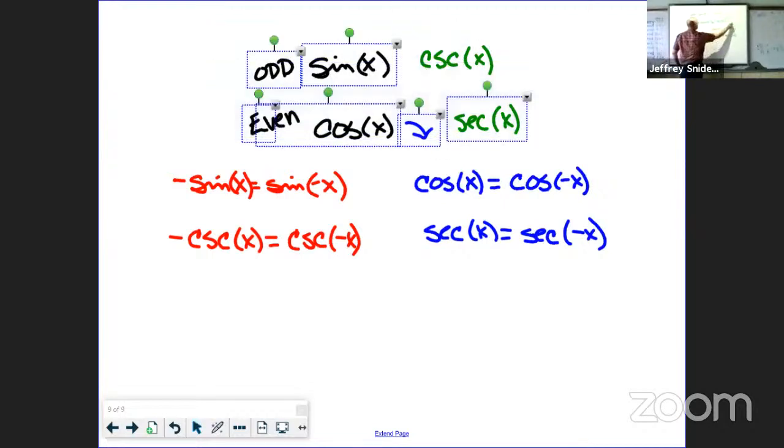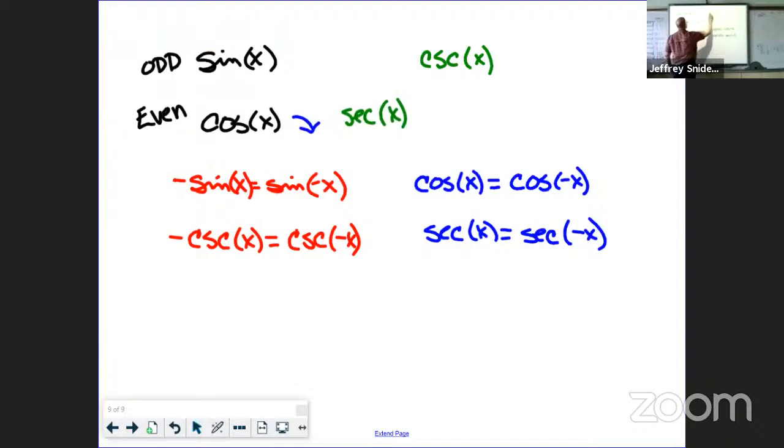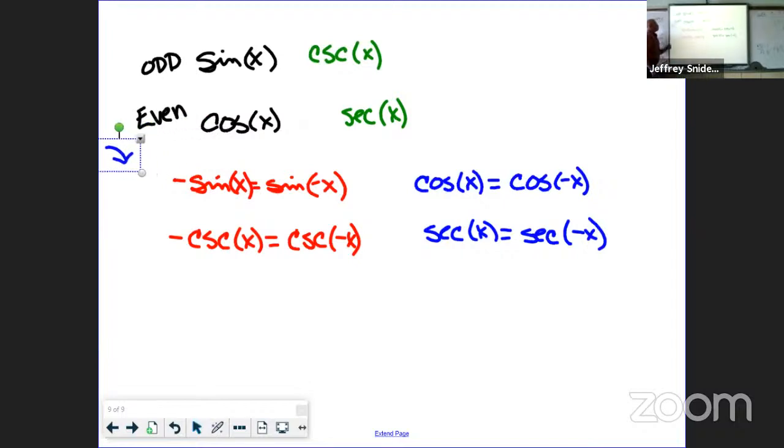I'm going to move this stuff here, just going to give myself a little bit more room. Alrighty. So, tangent and cotangent. What do you think? We know that both of these have cosine and sine in them, right?